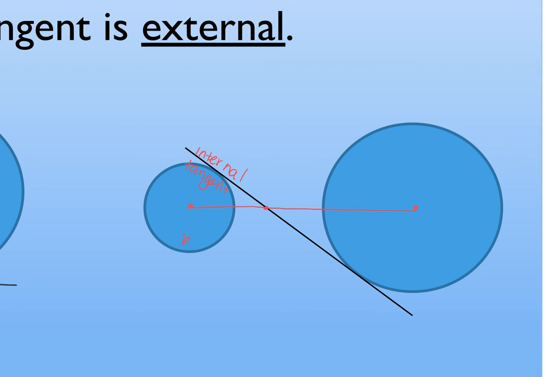We're going to write because the lines cross. There is another internal tangent, and it's just right here.